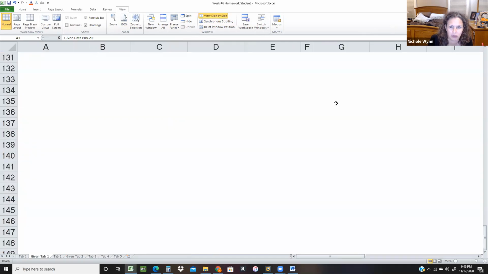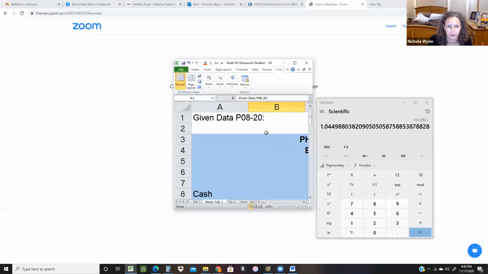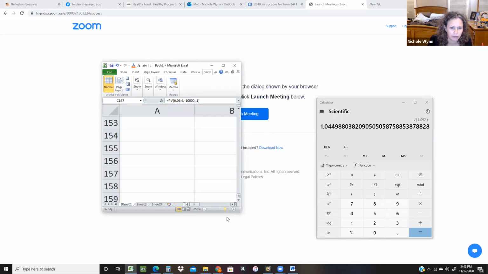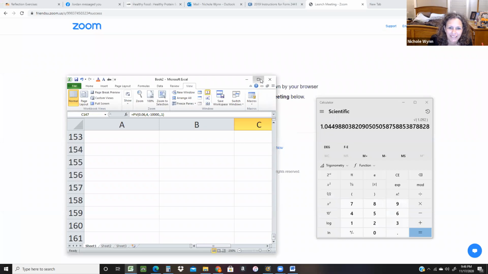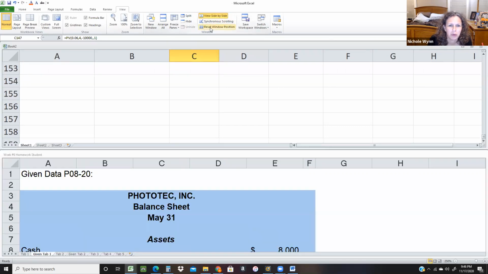I want both of these. View side by side, reset window position.